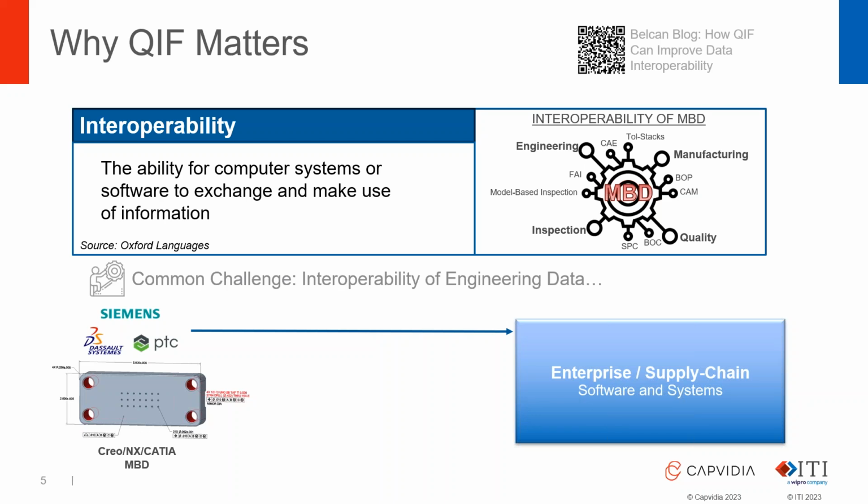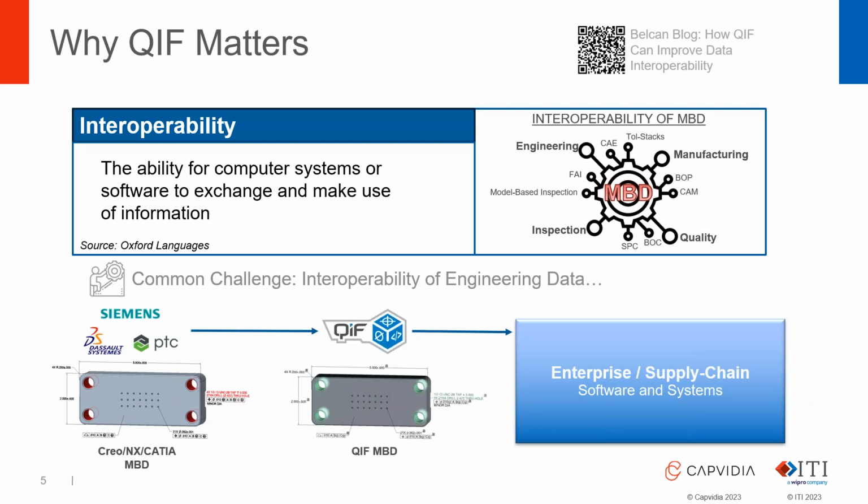And so it is a challenge for third-party tools to be able to consume a native model directly and to reliably consume that data. That's why interoperability formats like QIF exist. So QIF is an ISO standard format for exchanging the model data, all the PMI, and then actually there's a lot of additional quality metadata that can be specified in the QIF format and contained in the QIF format as well.